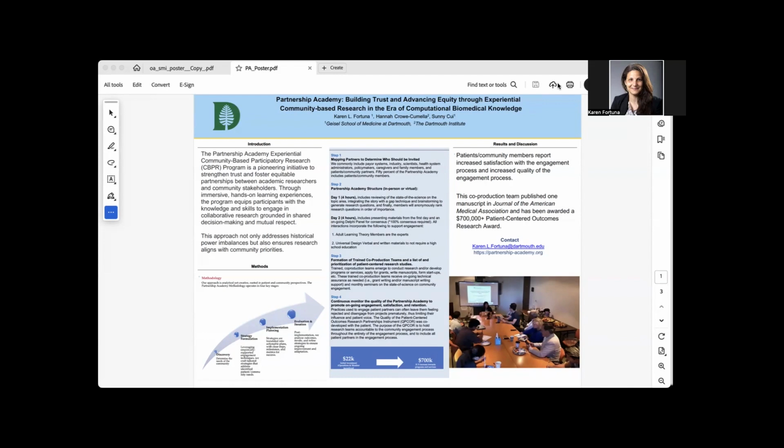Here we first map partners to see who should be at the table. We have an international collaborative where we work with the large payer systems, industry scientists, health systems administrators, policymakers, caregivers, and patient partners. Then we figure out who are the individuals who have levers who can help us develop and integrate these types of programs and services.